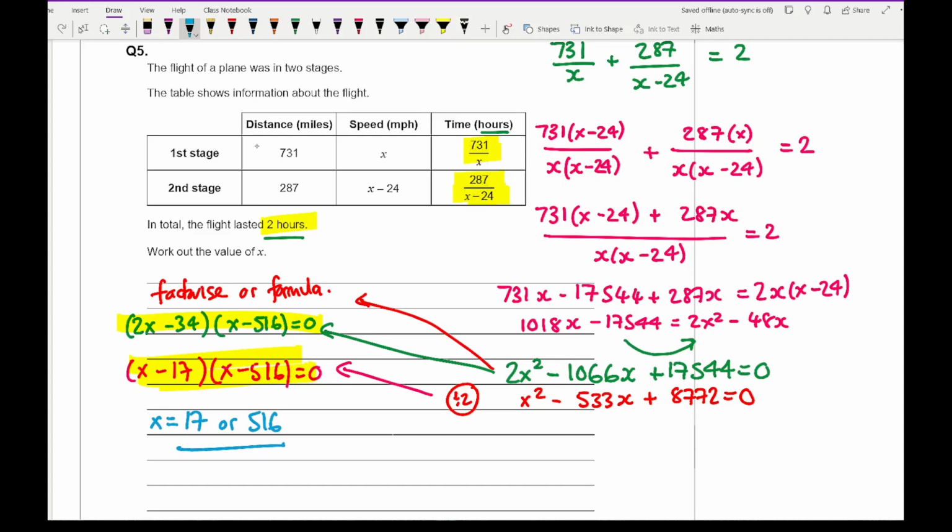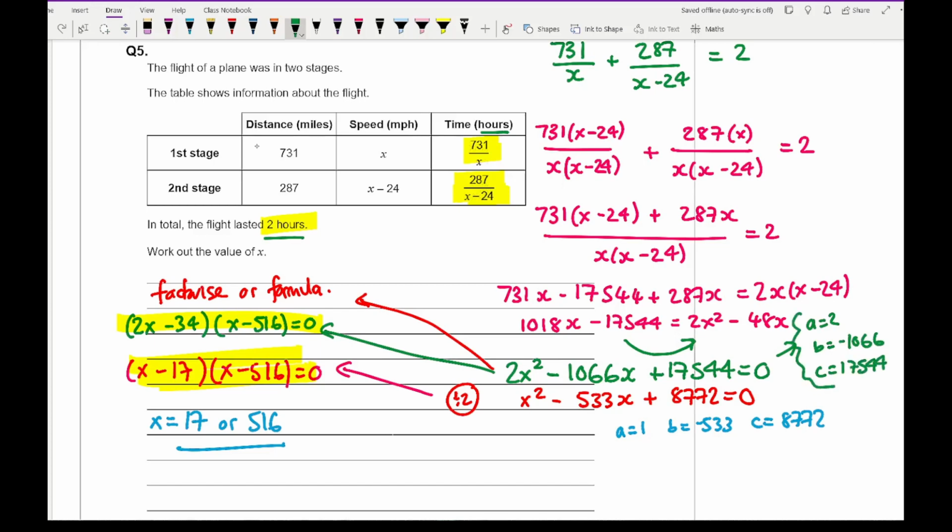Now if you were to use the quadratic formula, a equals 1, b equals minus 533, and c equals 8772, or if you were to use the original equation, then a would equal 2, b would equal minus 1066, and c equals 17544.